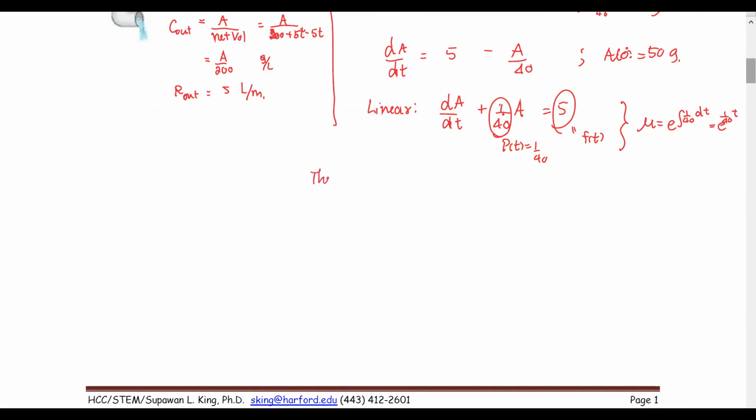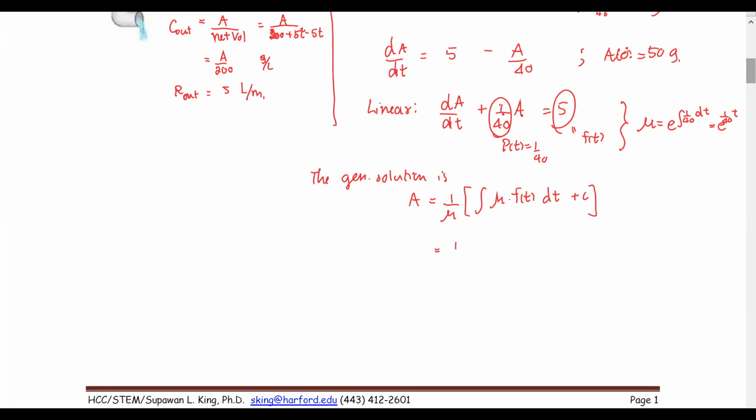The general solution is A equals 1 over mu times the integral of mu times f(t) with respect to t plus c.